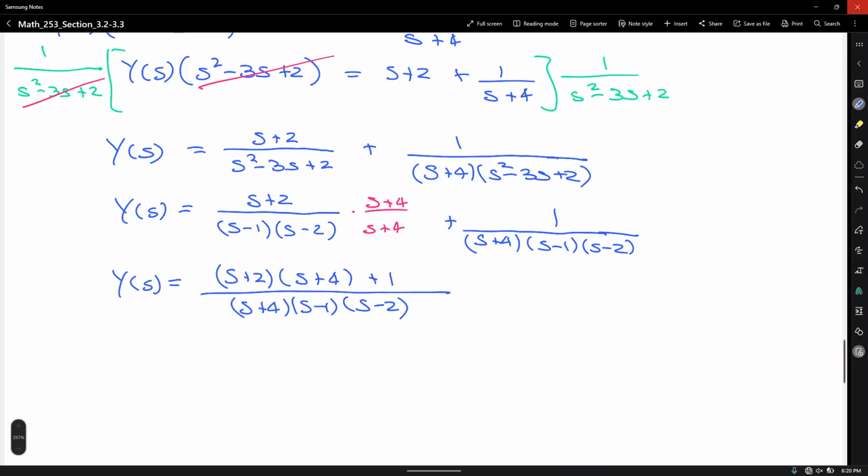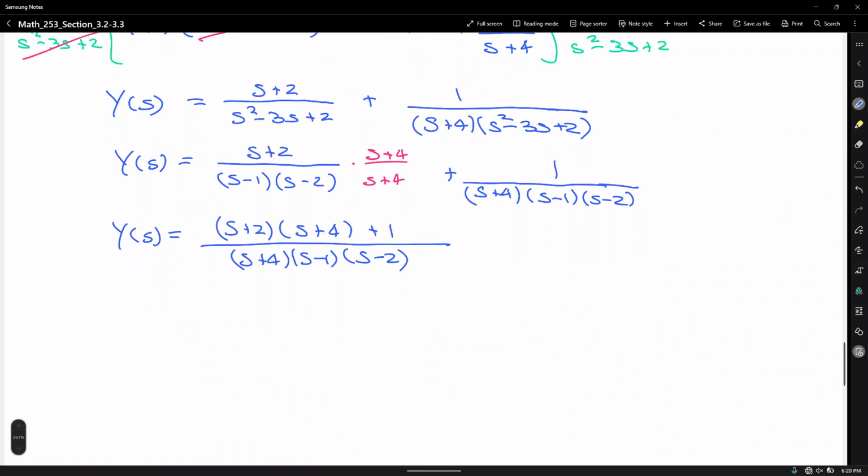I would like to FOIL the numerator because you'll see why in a second. So I'm going to keep on this line right here. So s squared plus 4s plus 2s plus 8, and then don't forget this plus 1, everything divided by s plus 4, s minus 1, s minus 2.